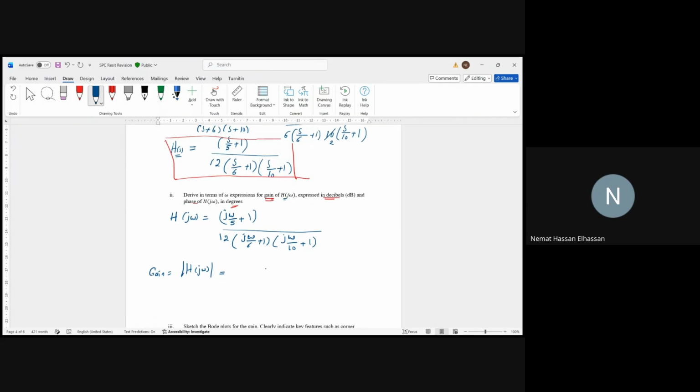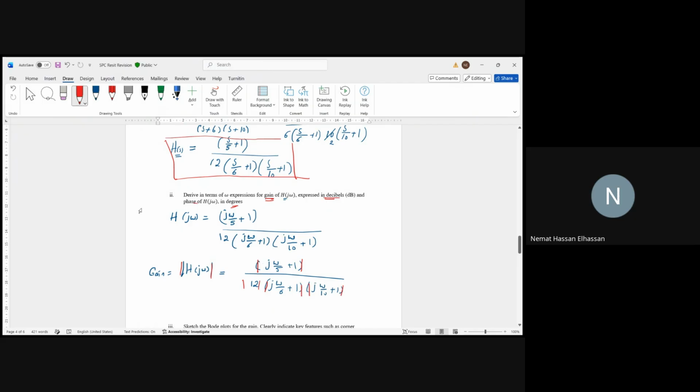So this magnitude will be the magnitude of the numerator divided by the magnitude of the denominator.